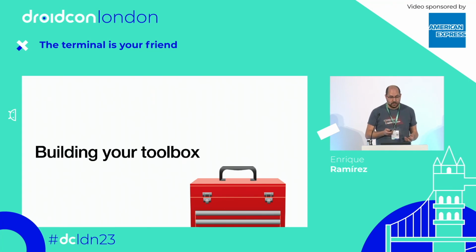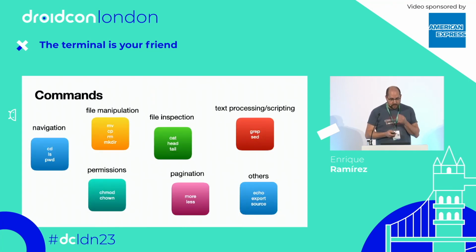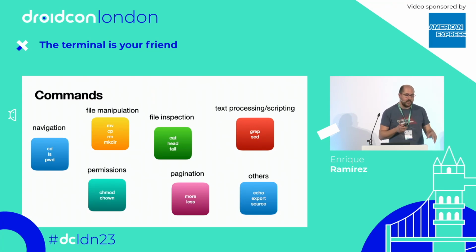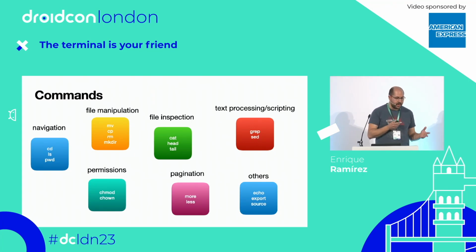So what are the things that we want in our toolbox? First, I would say the basic commands. Most of you know most of these commands, but grouping them by function, we have the ones that allow you to navigate through your file system, some commands for file manipulation, mv, cp, file inspection, that we have cat, head, tail, that kind of thing. You have also commands for changing permissions, some others for pagination, very useful when you have a command that has a very verbose output.